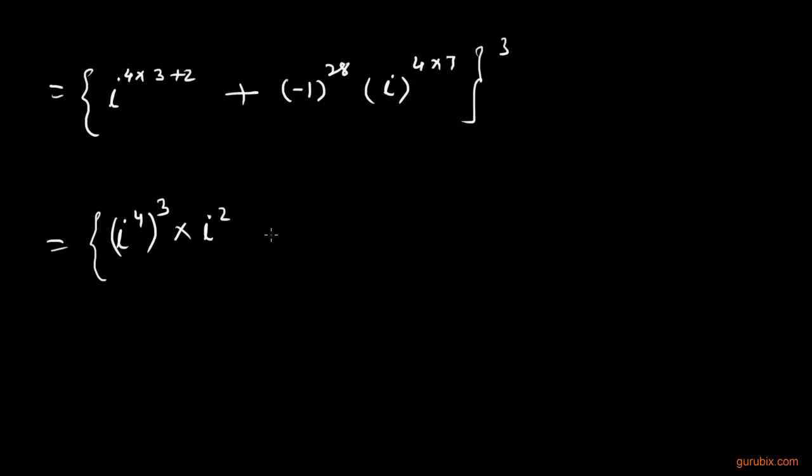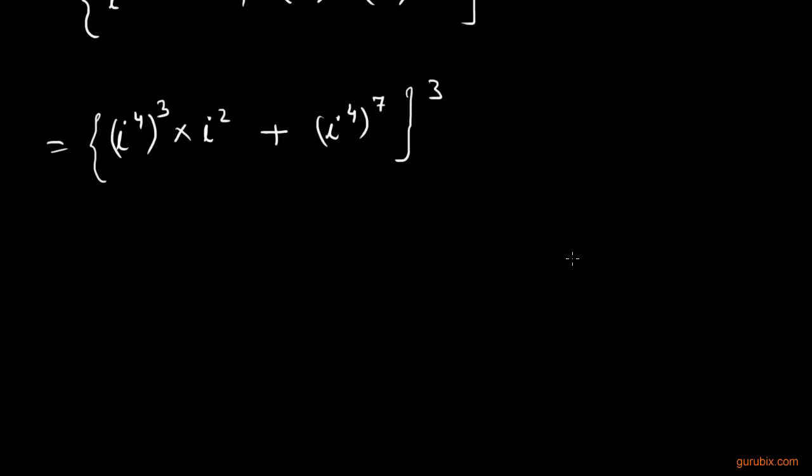And we know that if the power of a negative 1 is even, then the value becomes positive 1. So this is positive 1 into iota raised to the 4 into 7. So it is iota raised to the fourth power into 7, and this whole value raised to the third power.